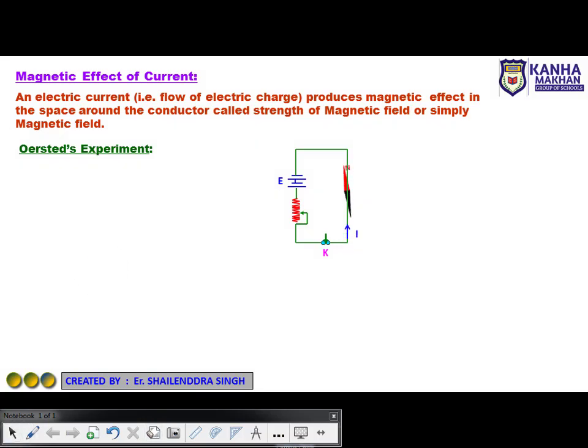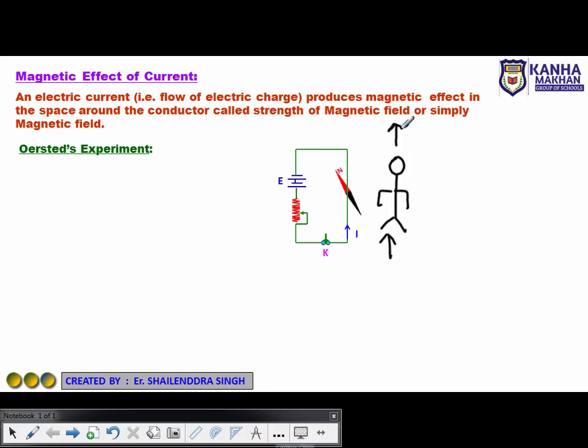When we insert the key, current will flow through the circuit, and then we observe that the needle gets deflected. It deflects in a particular condition. What is the condition for it? According to the left hand swim rule, suppose a person is swimming in such a manner that current enters from his feet and leaves from his head.